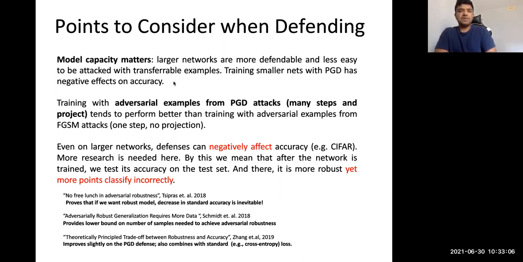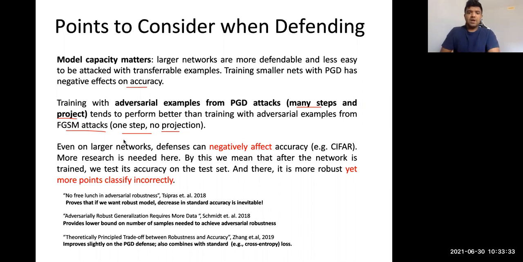So it's definitely not very feasible using PGD, especially on smaller networks. And when training with adversarial examples from PGD attacks, PGD tends to perform better than FGSM attacks. FGSM has no projection and is one step, and PGD is iterative, many steps, and uses projection.